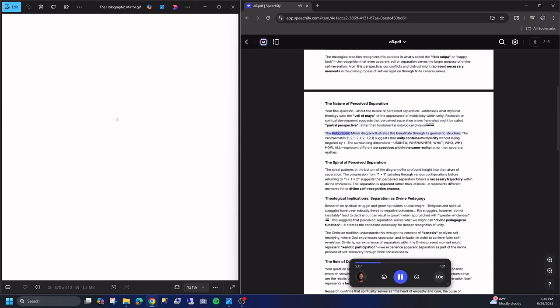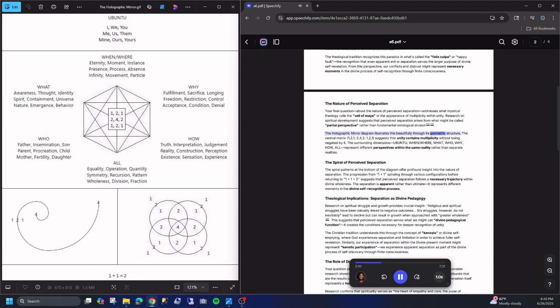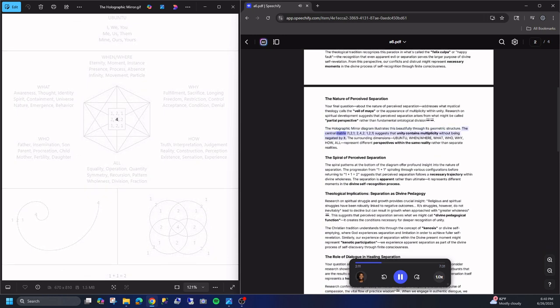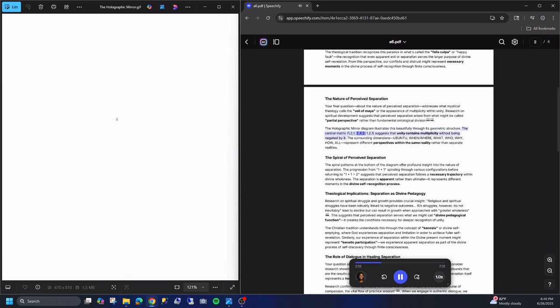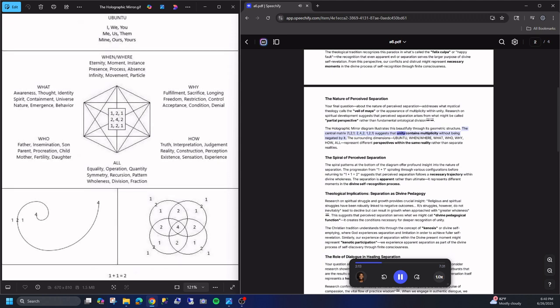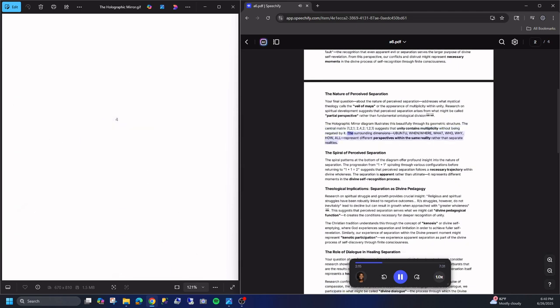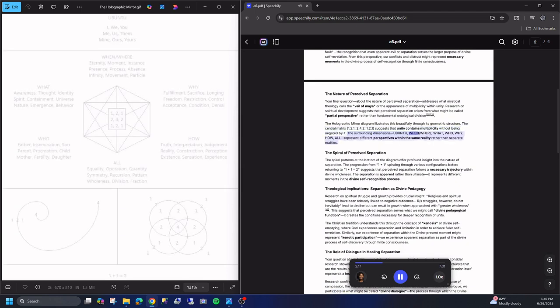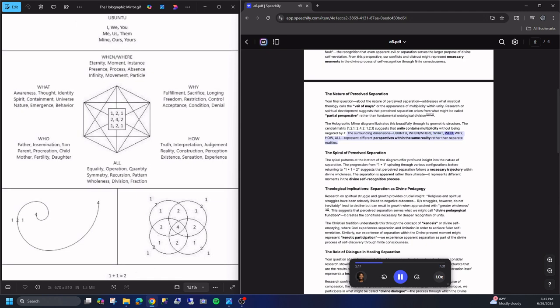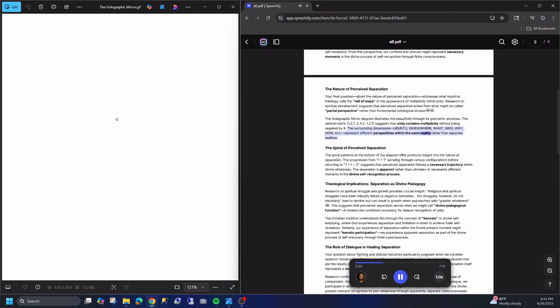The holographic mirror diagram illustrates this beautifully through its geometric structure. The central matrix 1, 2, 1, 2, 4, 2, 1, 2, 1 suggests that unity contains multiplicity without being negated by it. The surrounding dimensions Ubuntu, when, where, what, who, why, how, all represent different perspectives within the same reality rather than separate realities.